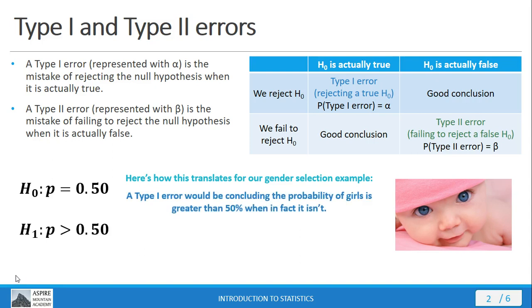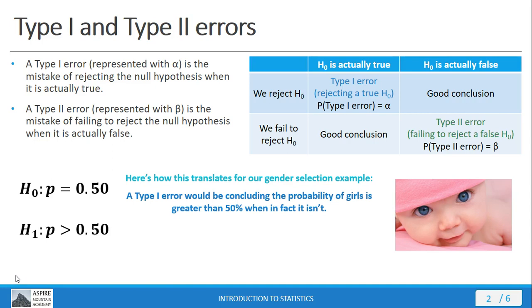So a type 1 error would be concluding the probability of girls is greater than 50% when in fact it isn't. So type 1 error, rejecting a true null hypothesis. If the null hypothesis is true, then the proportion is 50%.